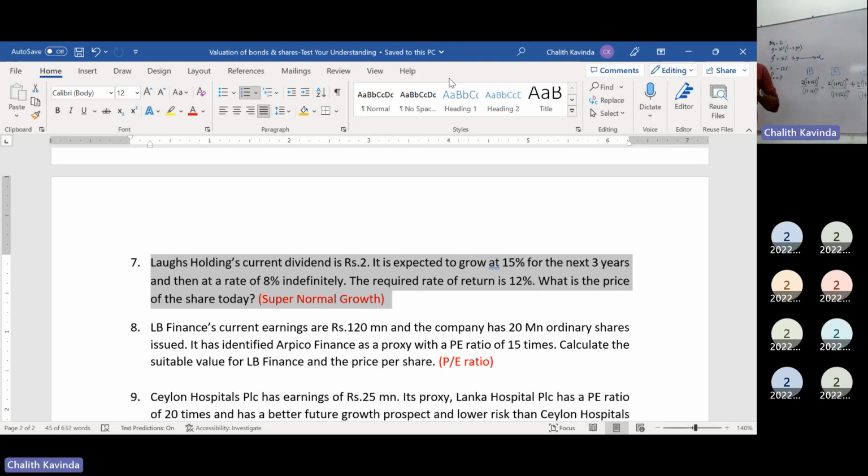Now here, what is the ultimate objective? The ultimate objective is to calculate the present value, or the price of the share. Here we have the series of dividends, discounting, and we can get the value.